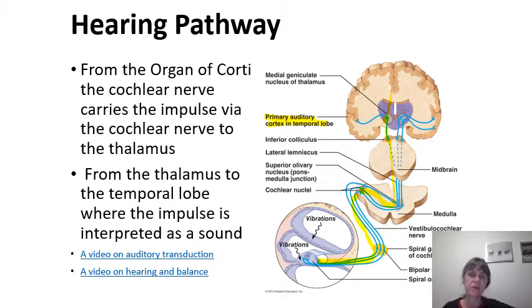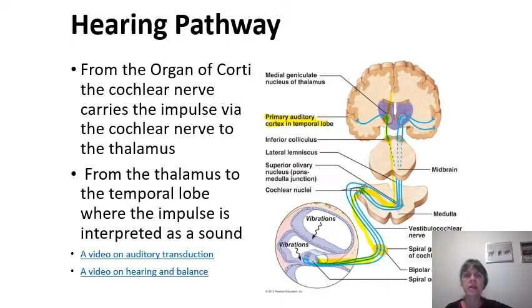Understand that with all sensations, whether they're taste or auditory or visual, the primary cortex for any sensation is just going to give us information about a sensation. It is the association cortices in the cortex that will give us meaning.